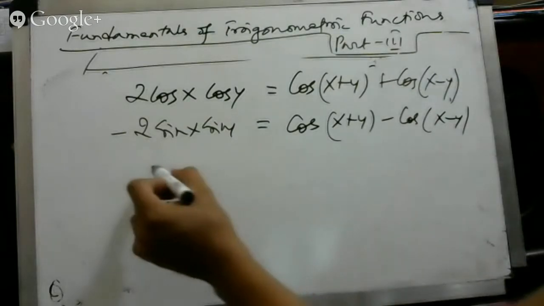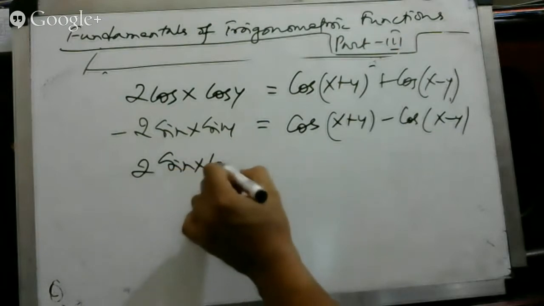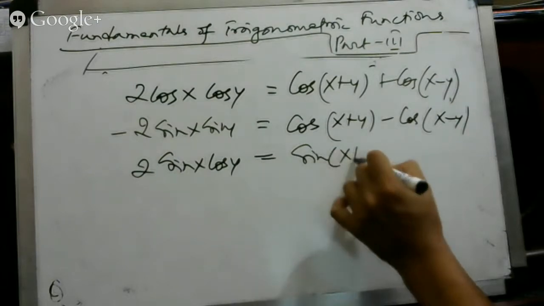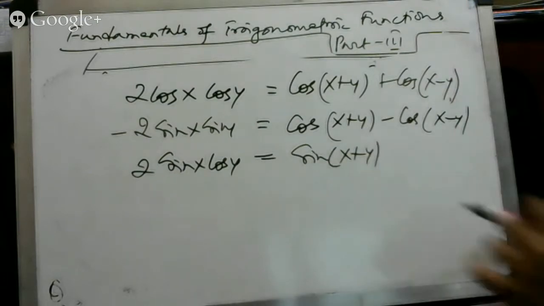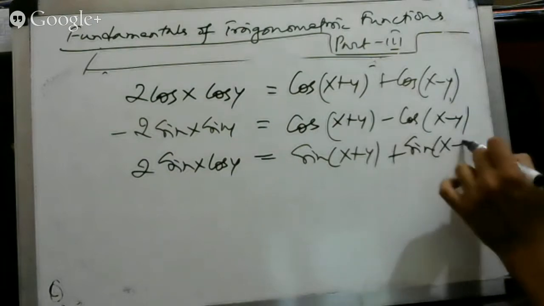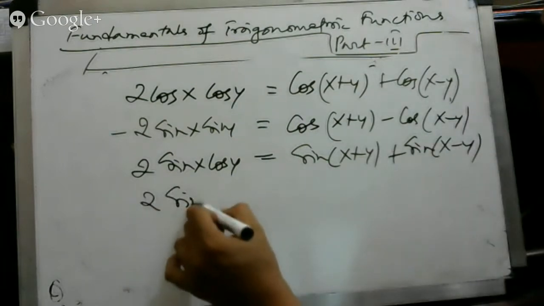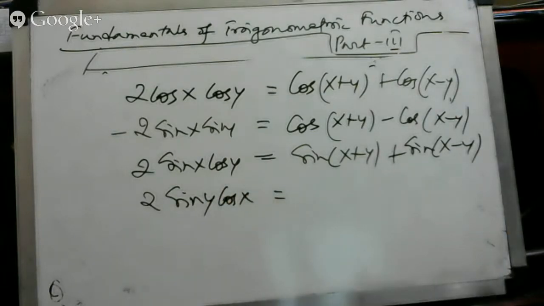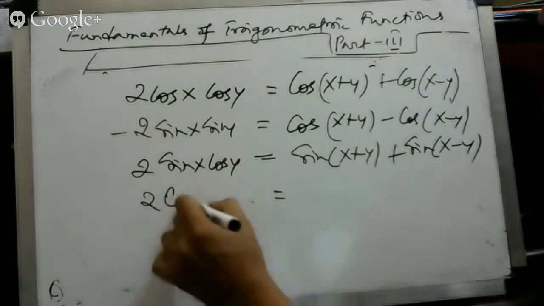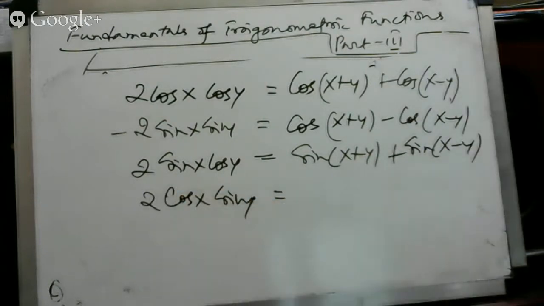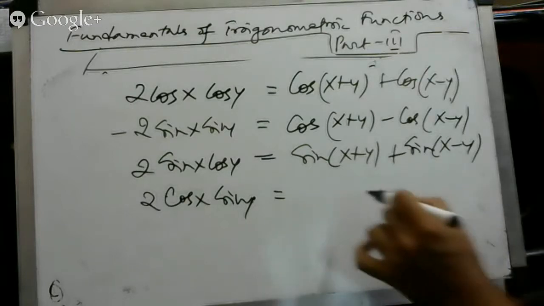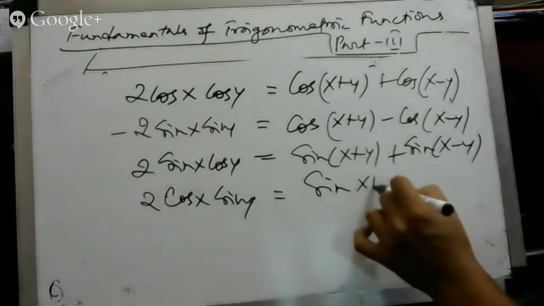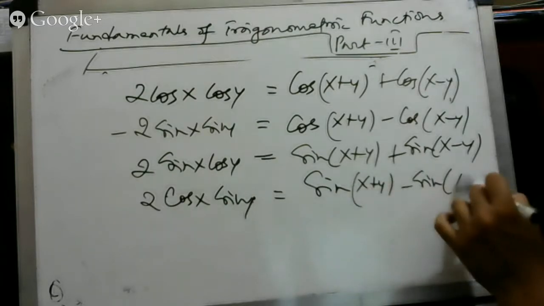And then 2 sine x cos y is equal to sine of (x plus y) plus sine of (x minus y), and 2 cos x sine y is equal to sine of (x plus y) minus sine of (x minus y).